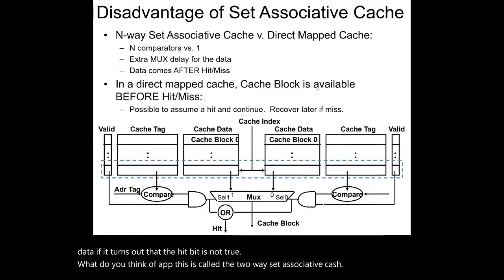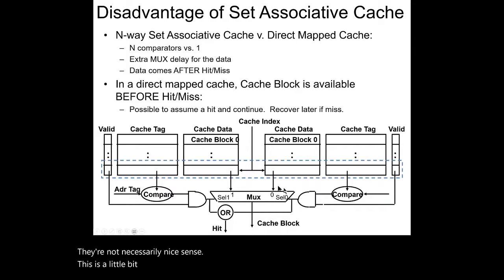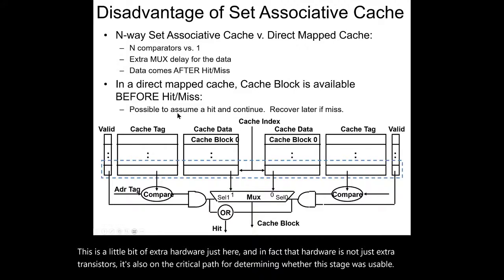So there are some things to notice about this. Well, they're not necessarily nice things. There's a little bit of extra hardware just here, and that hardware is not just extra transistors, it's also on the critical path for determining whether this data is usable. So that might slow us down.